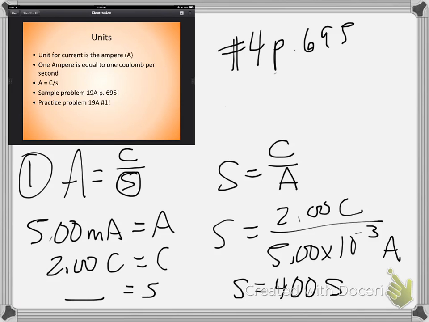So we get 400 seconds. We would have to put it into scientific notation to get the correct sig figs, so 4 times 10 to the second seconds. Fairly easy, like stupidly easy. Number 4 on 695 is part of your homework.